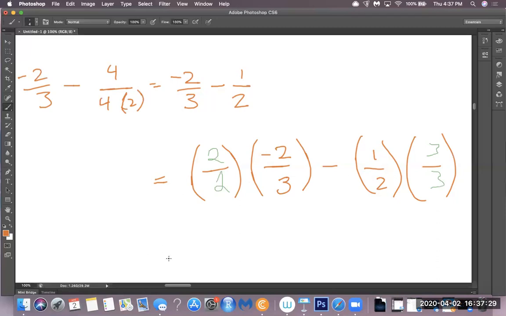So now, with everything we've learned, what's 2 times -2? +4? Why? No, -4. Why? Because a negative times a positive is a negative. Excellent. Write it down. Okay, and then very good. Keep going.